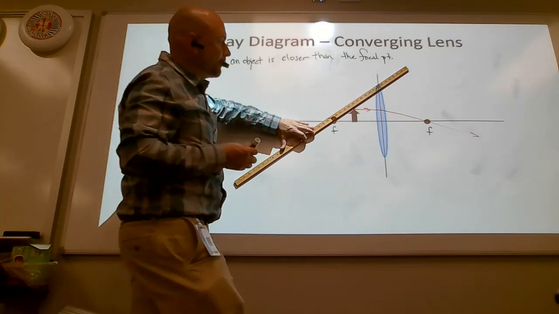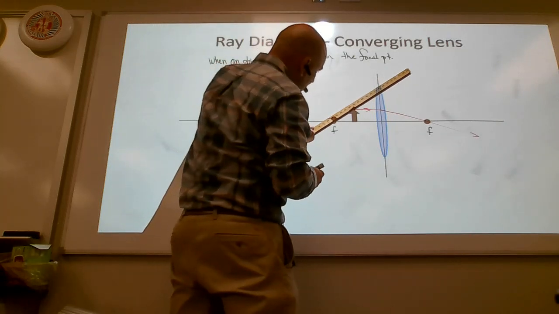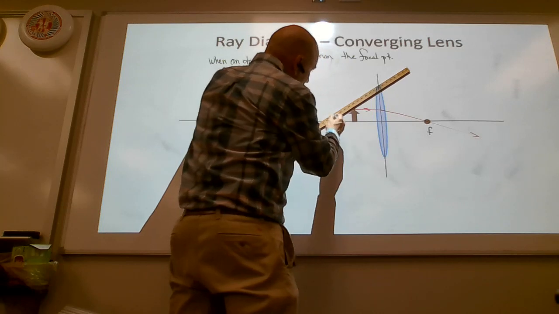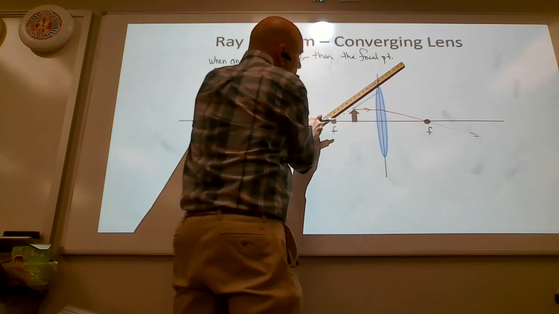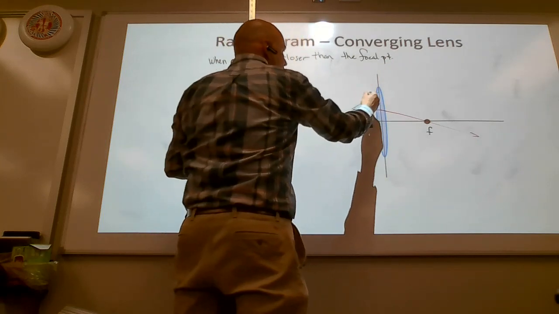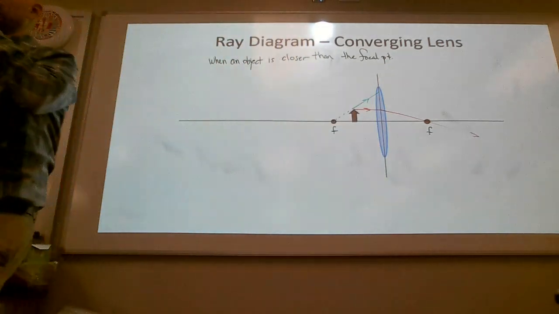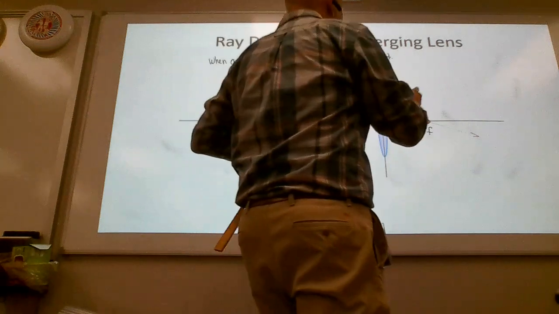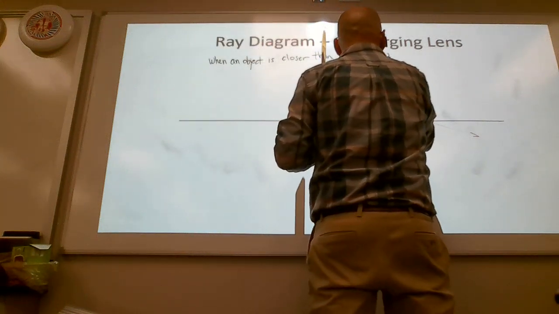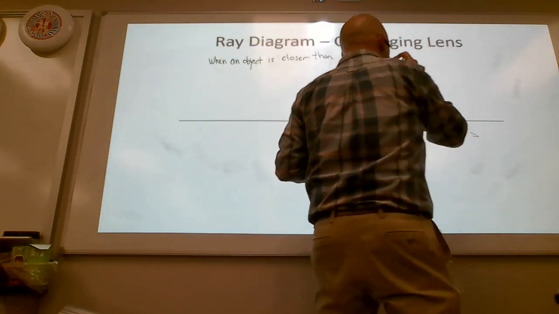So we line this up like this, and then draw from the top of the object. Does that make sense how we cheat that? And then that refracts parallel.